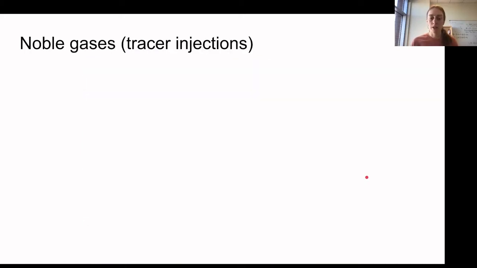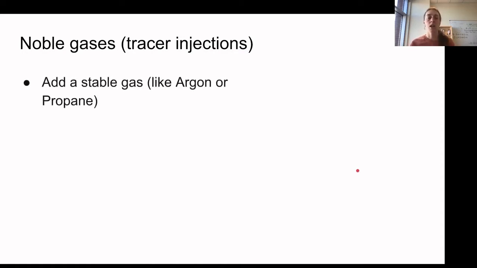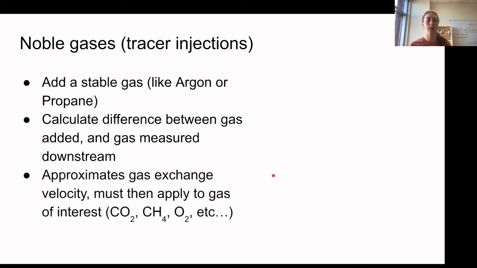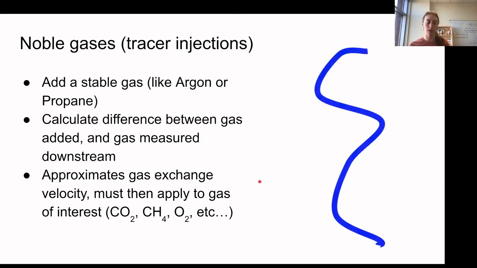So we can use tracer injections. This works in higher energy environments, so steeper slopes, faster velocities. What happens is you add a stable gas, so you just take a tank of gas out. You can use a tank of propane like you'd have in your grill at home, haul it out there, inject it into the stream using just an aerator that you put in the stream, and then you calculate the difference between the gas added and the gas measured downstream, and this approximates gas exchange velocity.